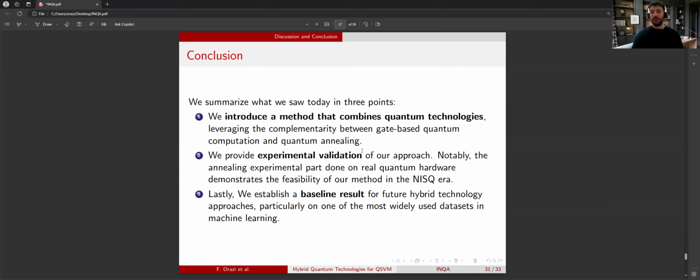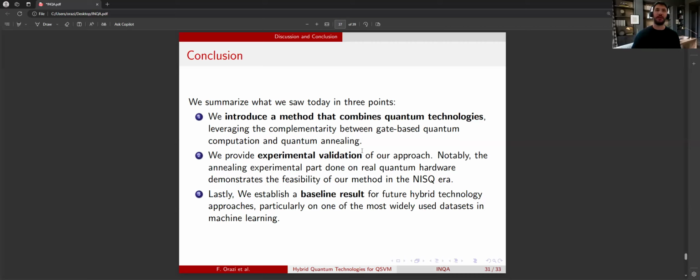Okay, to conclude, since I'm running out of time, we introduced a method that combined the two technologies. We provided experimental validation and evaluation of our approach, even if it does not tie down the methodology to a specific implementation.